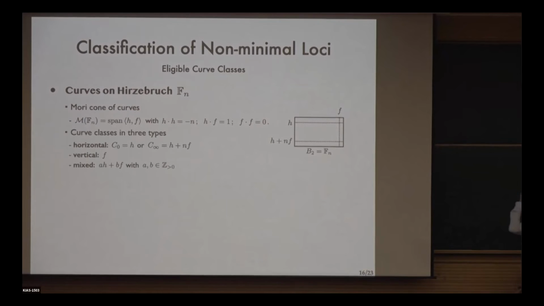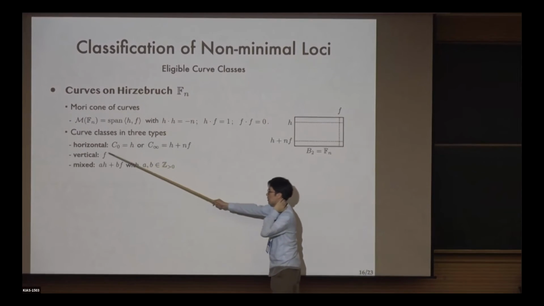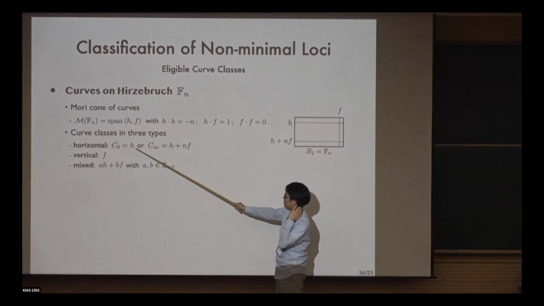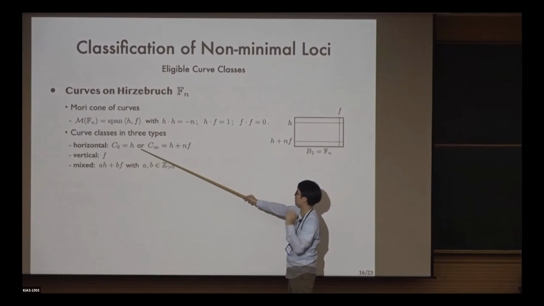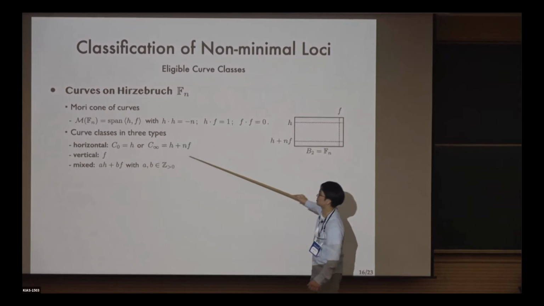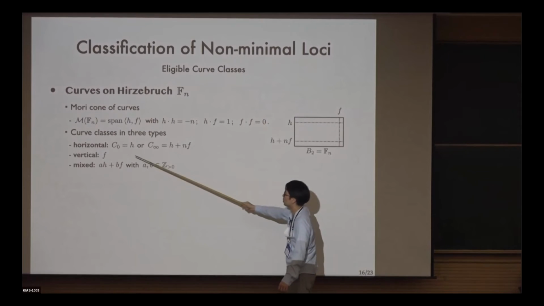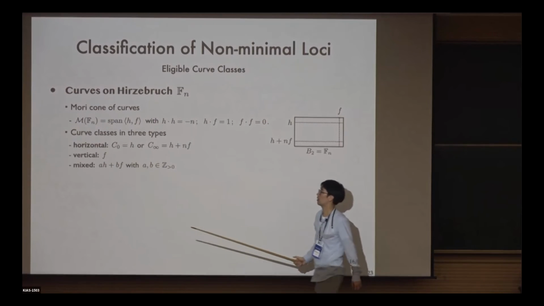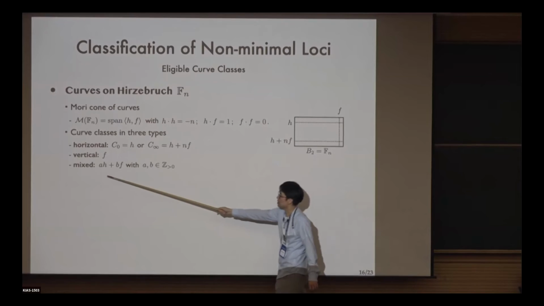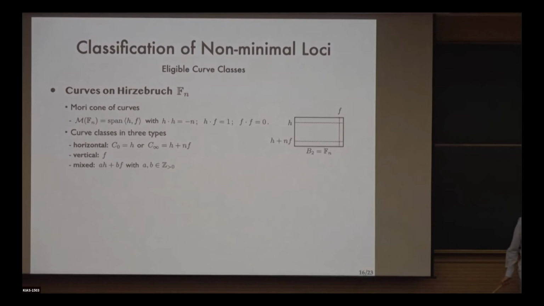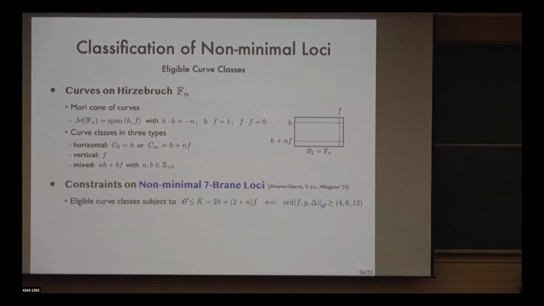And now the curve classes will be called horizontal, vertical, and mixed if the curve is a section with self-intersection either -1 or -n or +n, and it will be called vertical if it's a fiber curve, and it will be called mixed if it's a mixture of these two classes. So it's our nomenclature for curve classes, just a natural one.